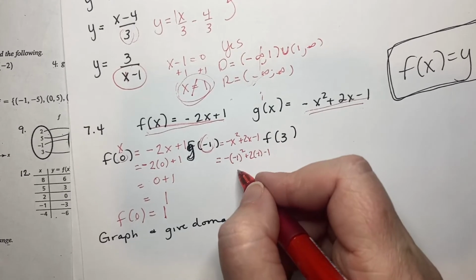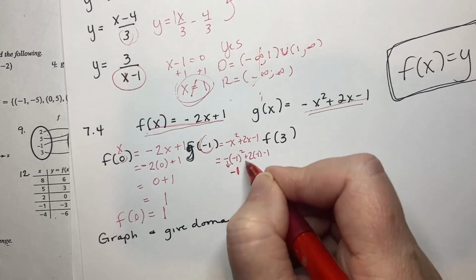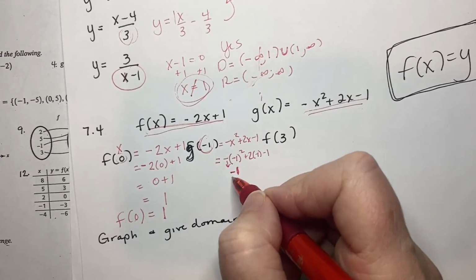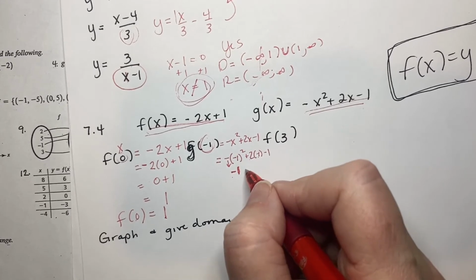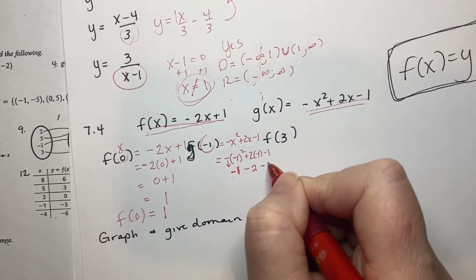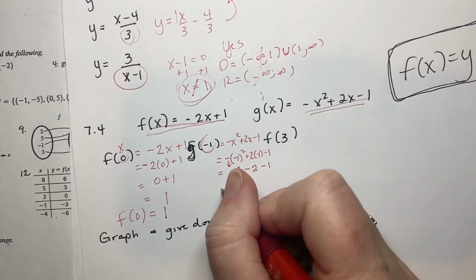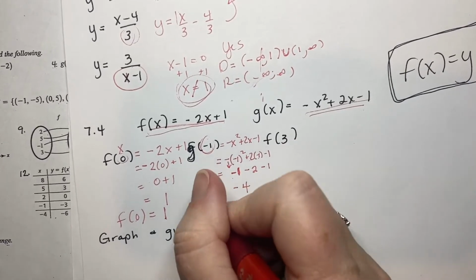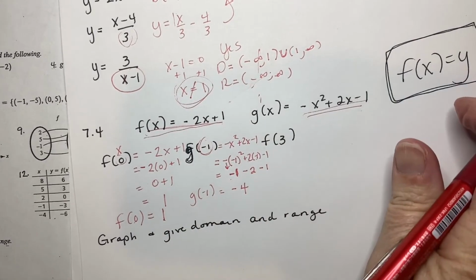Negative 1 squared is a positive 1, but don't forget this negative outside. This one was on the test last year, and most people missed that negative, but that negative's still sitting out there. And then 2 times negative 1 is negative 2, and then bring down that negative 1. And then negative 1 minus 2 minus 1 is negative 4. So g of negative 1 is equal to negative 4.